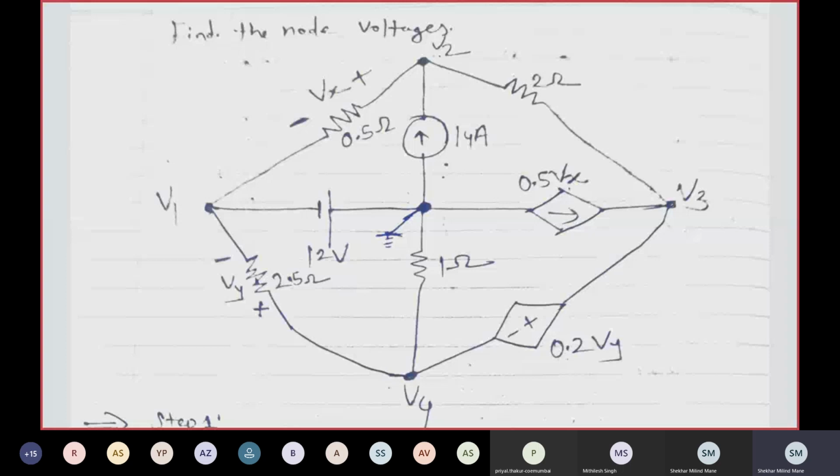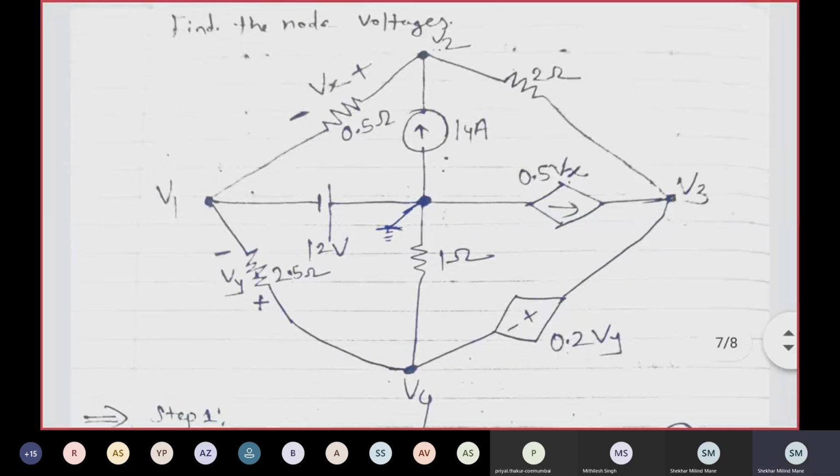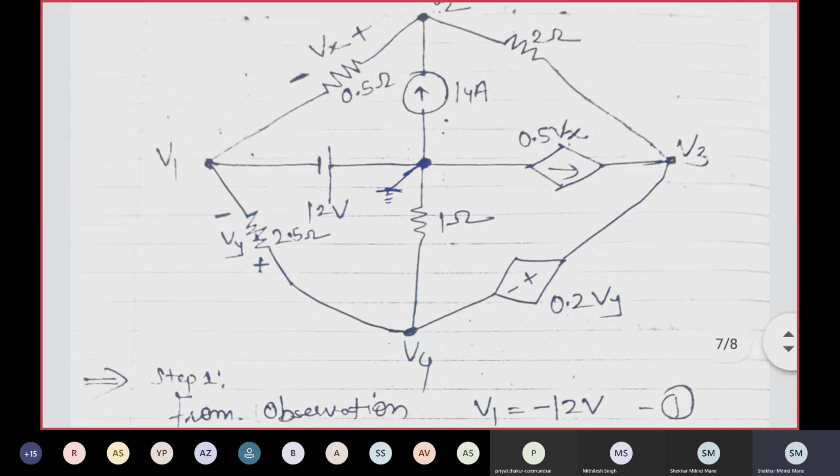Vx has given the polarity across 0.5 ohm. Positive at V2 side, negative at V1 side. So I can directly write Vx is equal to V2 minus V1.